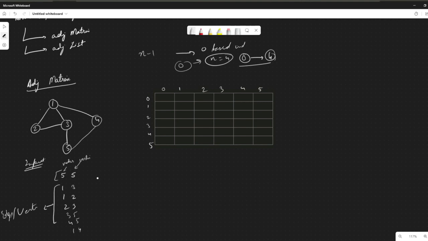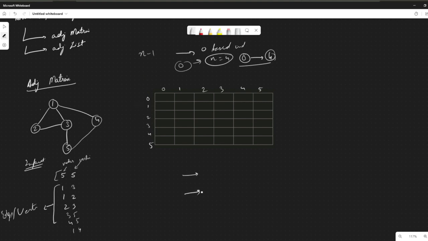So how can we fill our matrix according to this? If we are considering zeroth base indexing, then basically we have to subtract 1 from each of these inputs. So for now we are not taking zeroth base indexing.